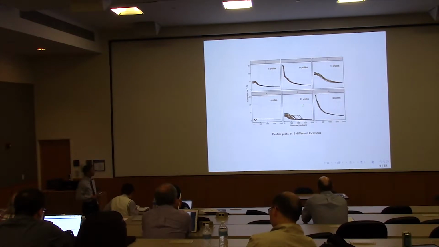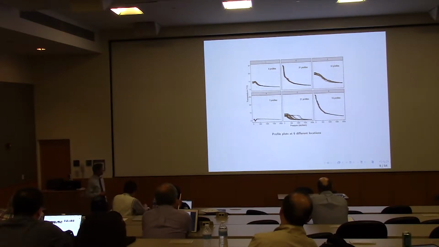Also you notice that the shapes of these curves are distinct, somewhat different from location to location, except perhaps for this one. All the curves are banded together in these other 5 locations.